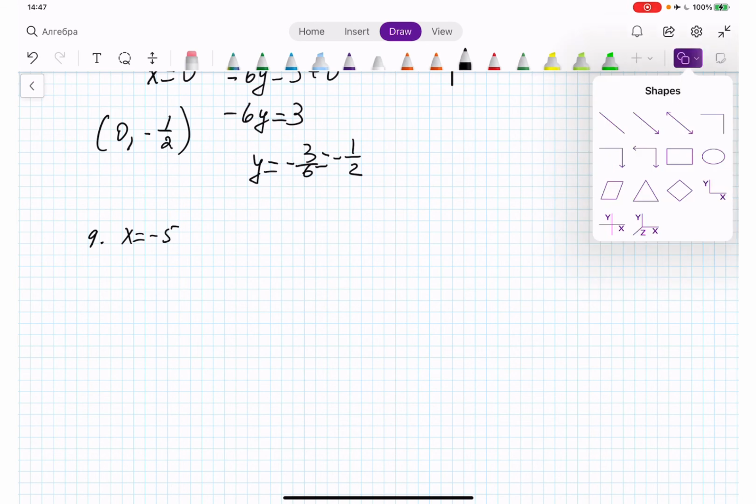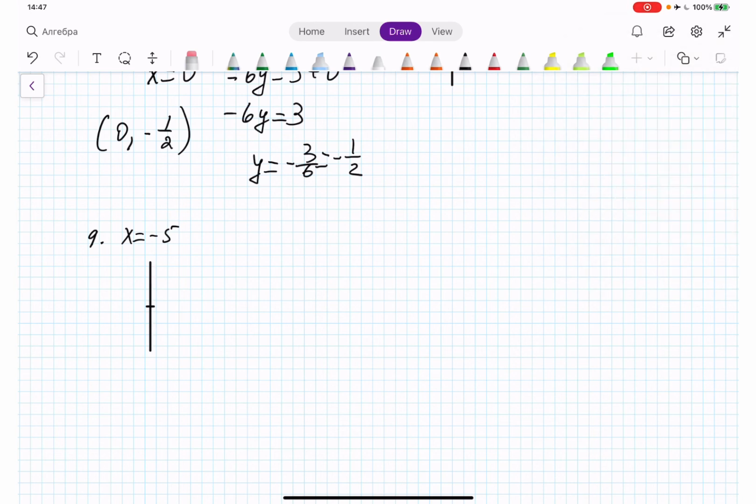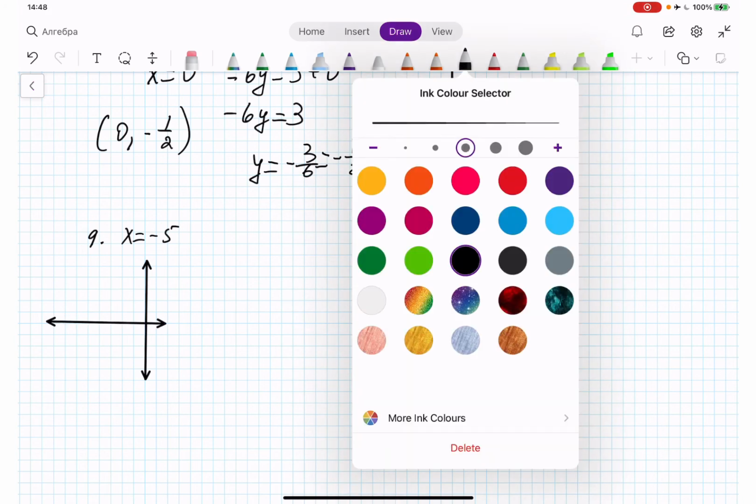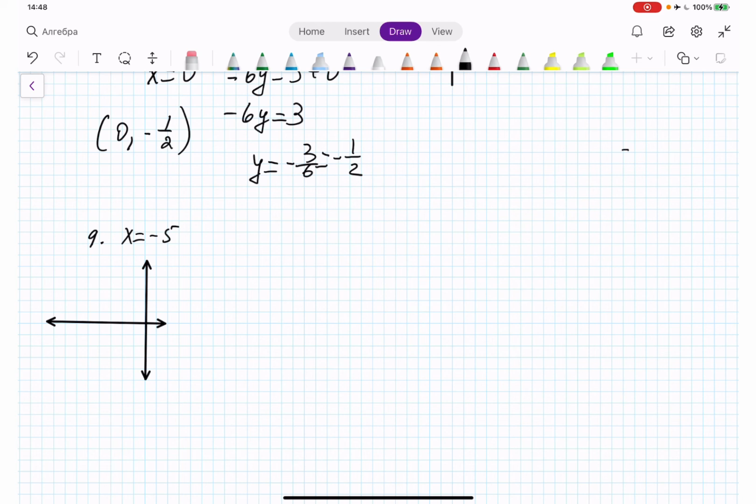Couldn't be easier. This one is not interesting. I don't need too much. I need this. And I need this. Okay. So x is negative 5. 1, 2, 3, 4, 5.